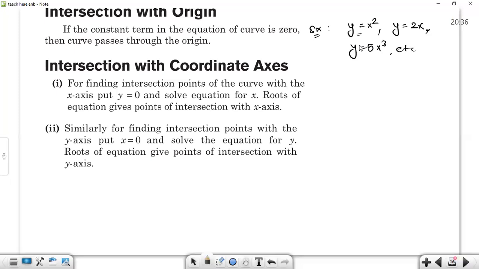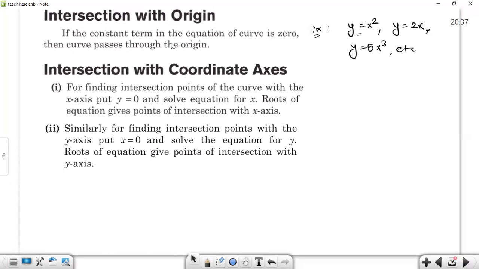So it means that for y equals 0, x is 0, so the curve is passing through the origin. So if there is no constant, it's a direct indication that it is passing through the origin. You could check it by putting y equals 0 and x equals 0. If both conditions satisfy each other, then the curve is definitely passing through the origin. Is this clear to you? Yes, sir.